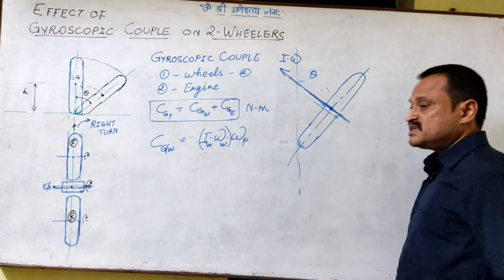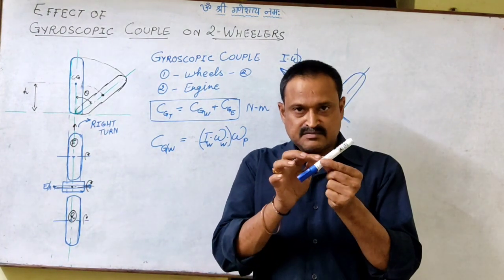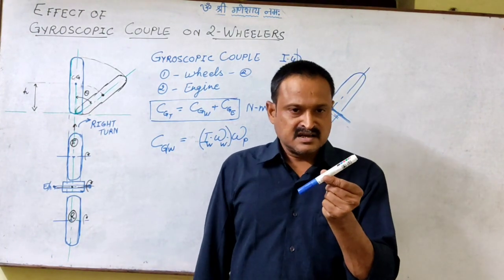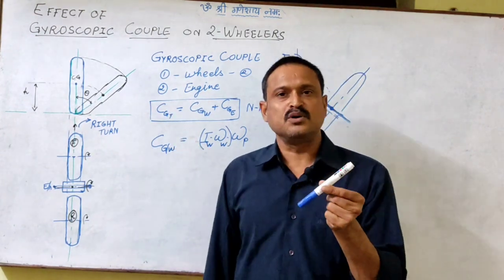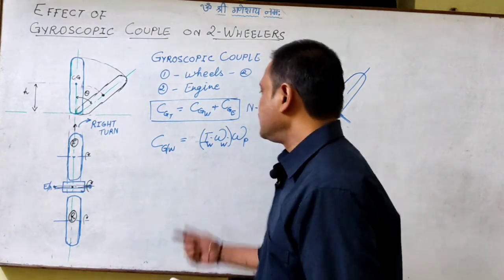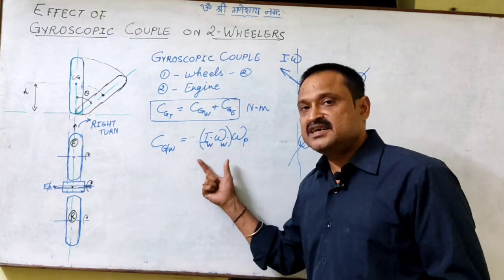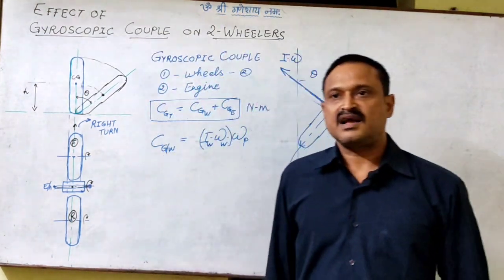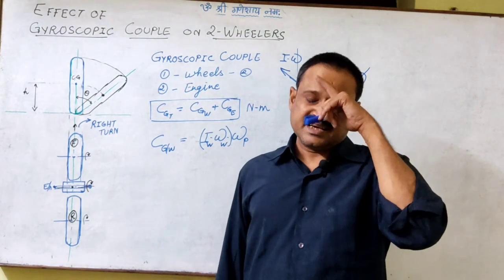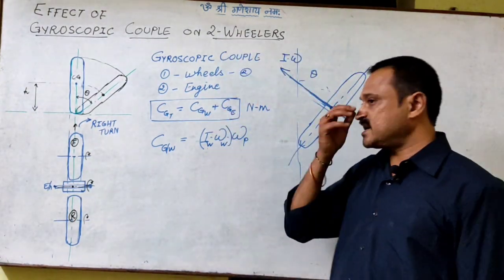But what is happening in this tilting condition? The vehicle is taking the turn, right? So the magnitude of couple is affected. See, the magnitude of couple is the rate of change of angular momentum. We have seen in the expression which we derived earlier, and that is how we are getting this.